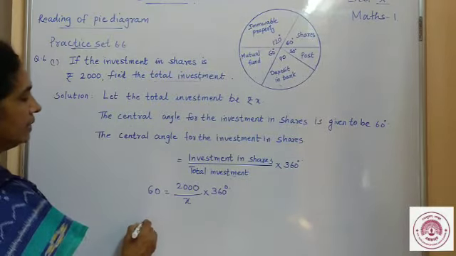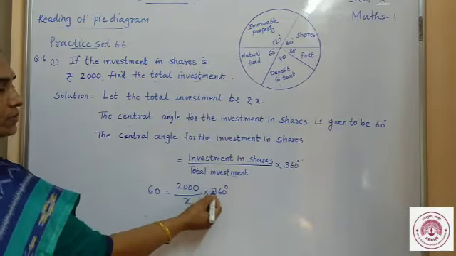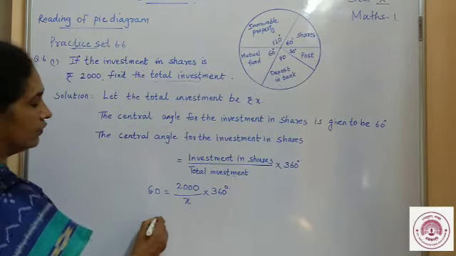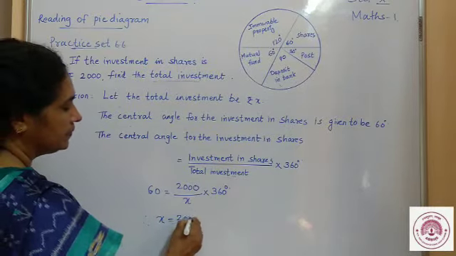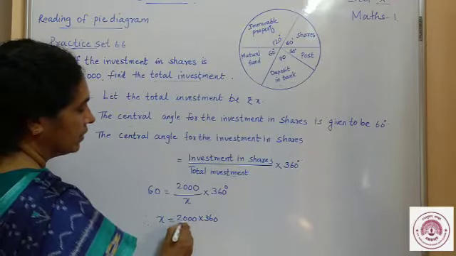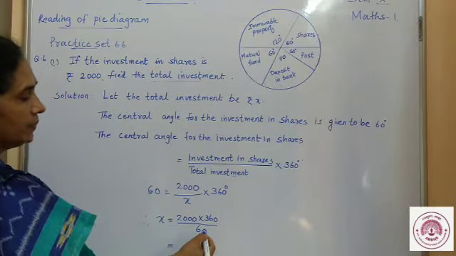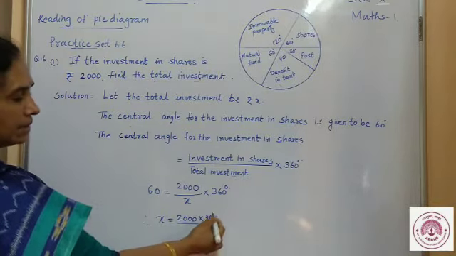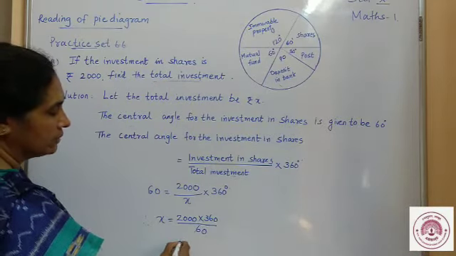Therefore, cross multiplying, 60 into X is equal to 2000 into 360. Therefore, X is equal to 2000 into 360 upon 60. We can cancel this 10, 6 sixes are 36. So 2000 into 6, that is 12,000.